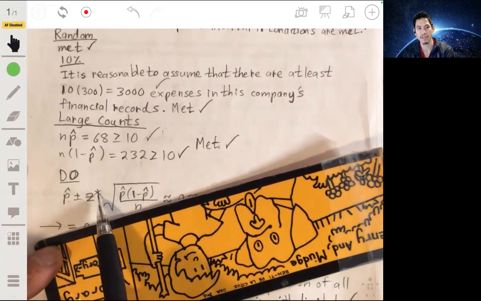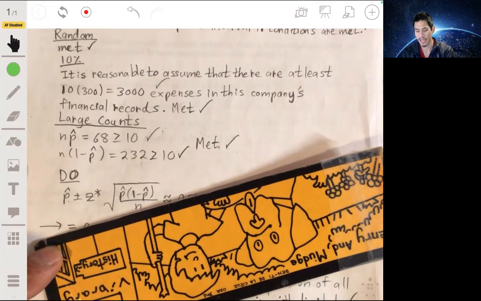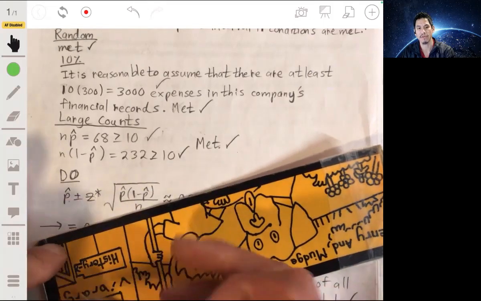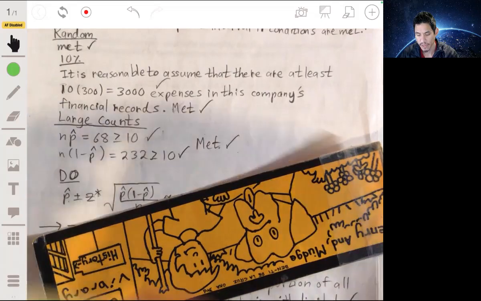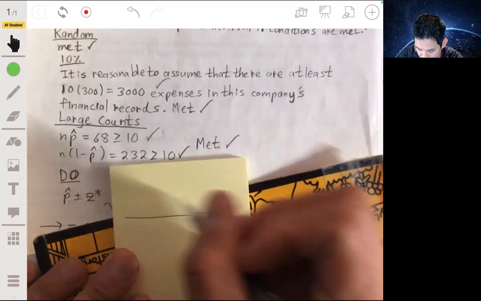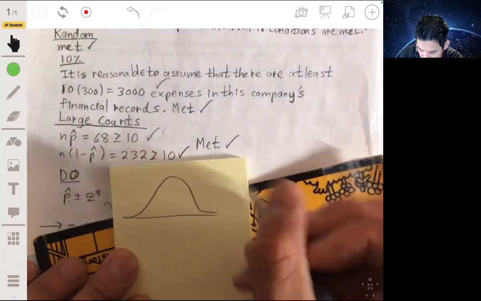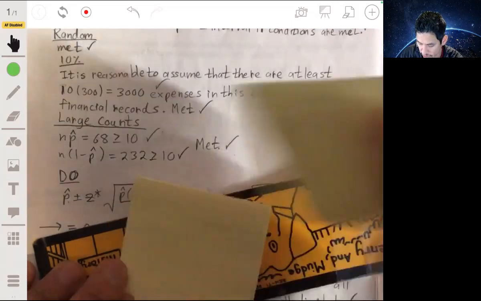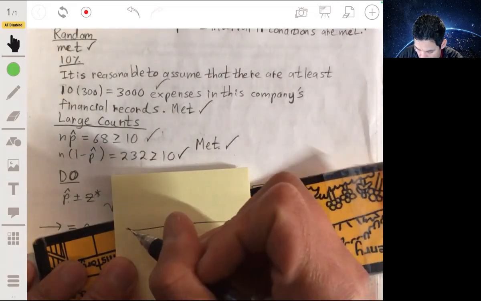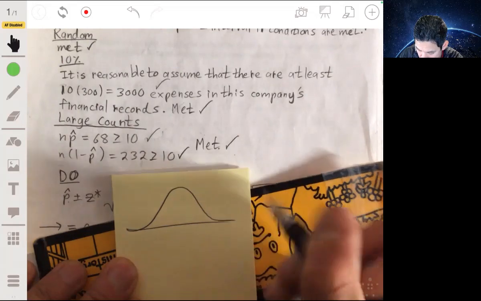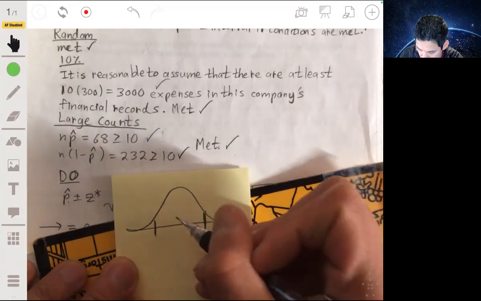And remember where the z star comes from? That's going to be the critical value, or the z value, that corresponds to a 95% confidence interval. And we have 95% in the middle.